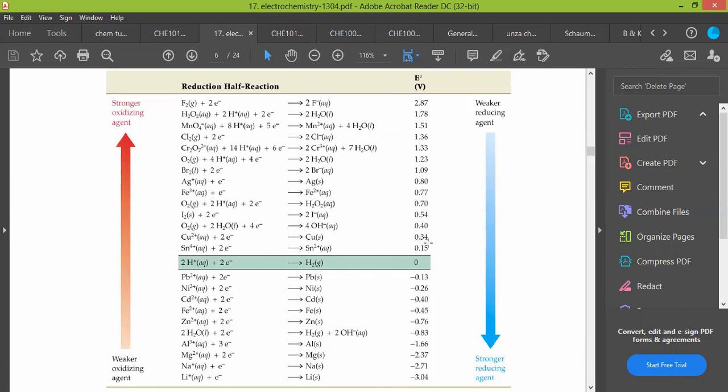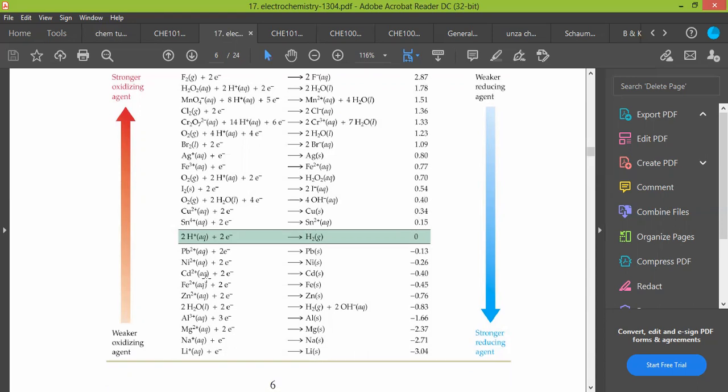But the way we've written it in our equation is as oxidation, so it has been reversed. Therefore, we reverse the sign from 0.34 to negative 0.34. But then we do not have the one for the nitrate ion here.